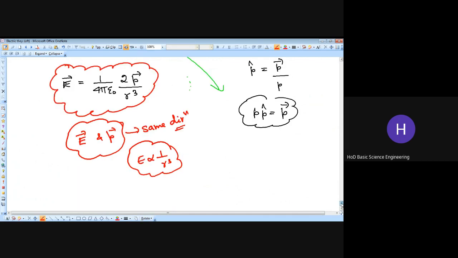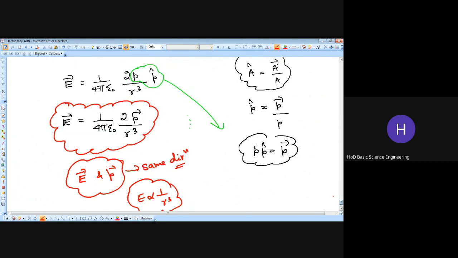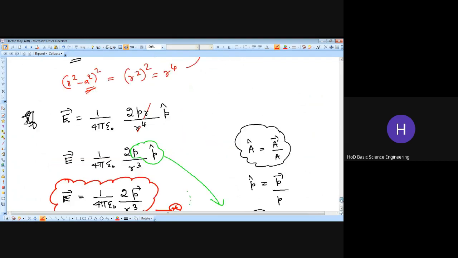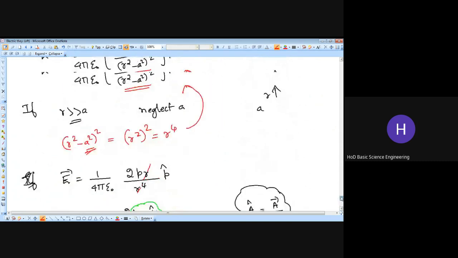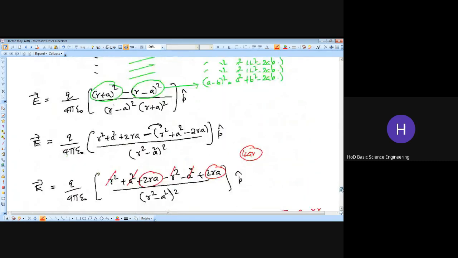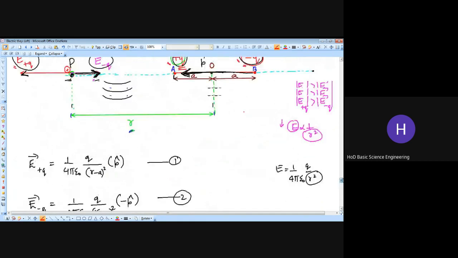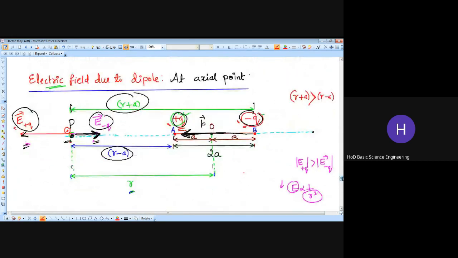Very important concept for your board exam. This will be asked for 5 marks. Just go through this once again.